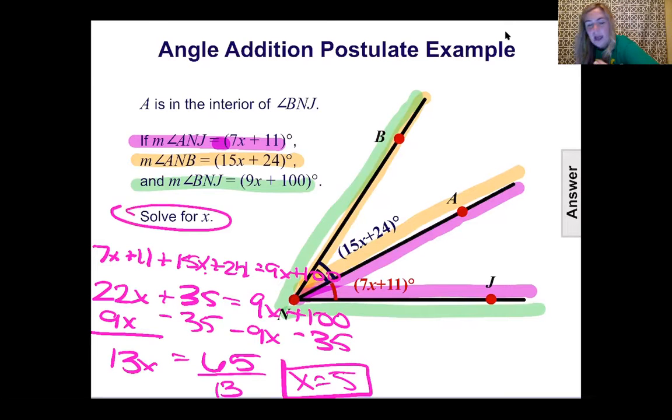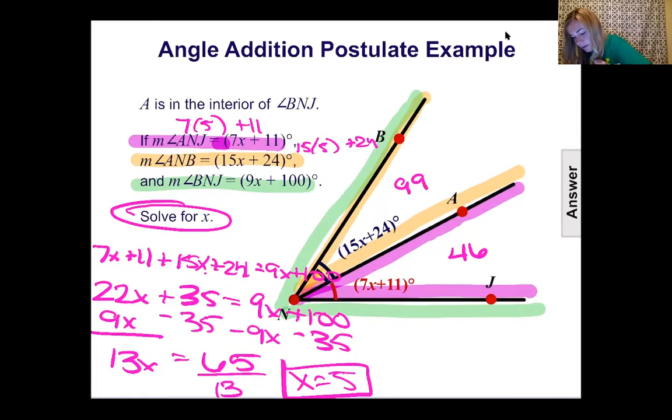This time it only asks you for x, but if it asks you for more than x, all you do is take the x and plug it in. So you could say 7 times 5 plus 11, that gives me 46. So this one's 46. We can plug it into the next one, 15 times 5 plus 24, and that gives me 99.